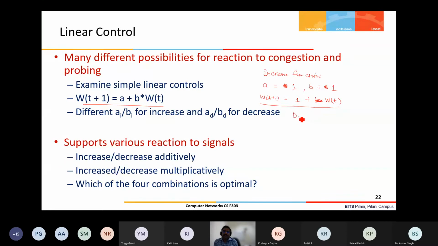Similarly, for the decrease function, my values of A and B will be A equals 0 and B equals half. So the window at time t plus 1 will be equal to half, or 0.5, of the window at time t, right?